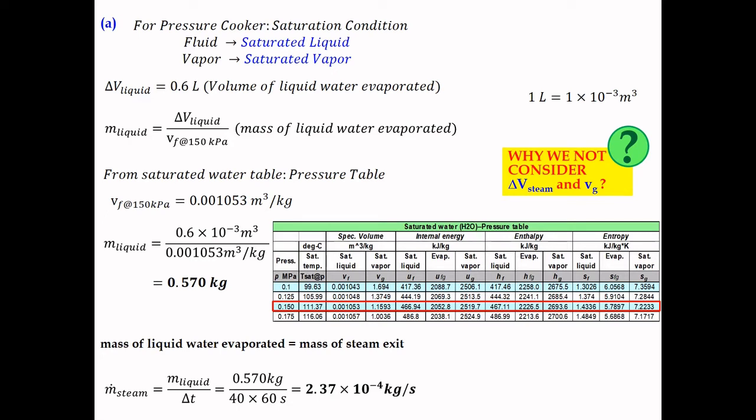Why do we not consider the delta V liquid the same as the value of delta V steam? So this is my question that you need to try to answer. Try to think why the equation only refers to m liquid equals delta V liquid divided by Vf, not Vg and also V steam. Okay, I will let you get the answer.